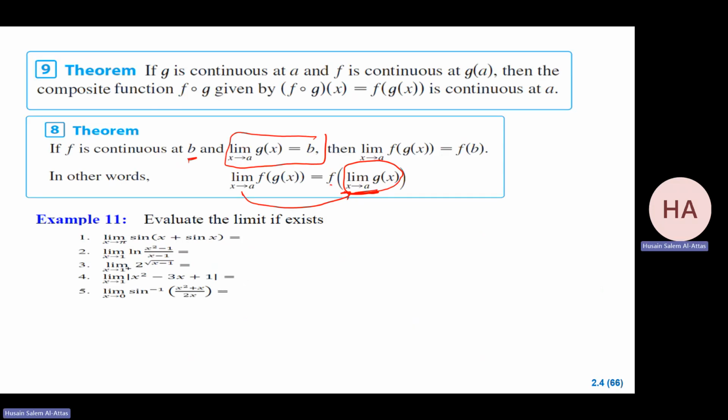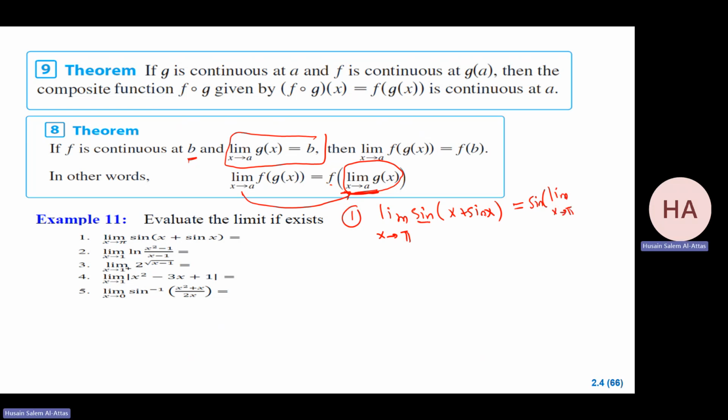So I have this rule. We'll apply it also here, where I can take the limit inside. So number 1 is to do it here. Limit as x goes to pi of sine x plus sine x. Take the limit inside, so that will be sine of the limit as x goes to pi.